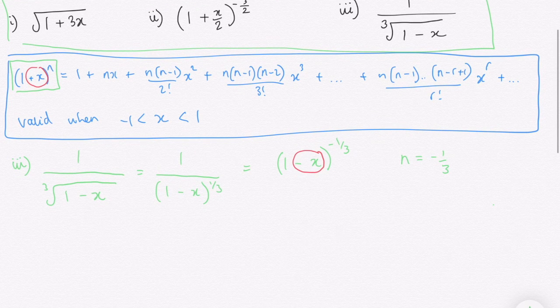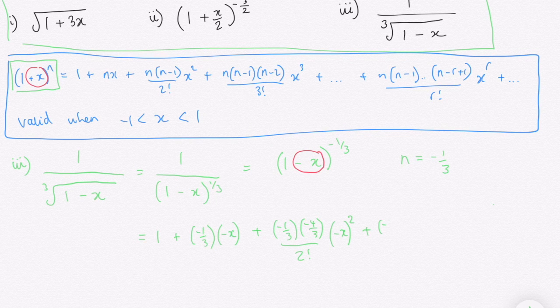We get equals to 1 and then plus -a third lots of negative x plus -a third. -a third minus 1 is -4/3 over 2 factorial. And then we have negative x all squared.